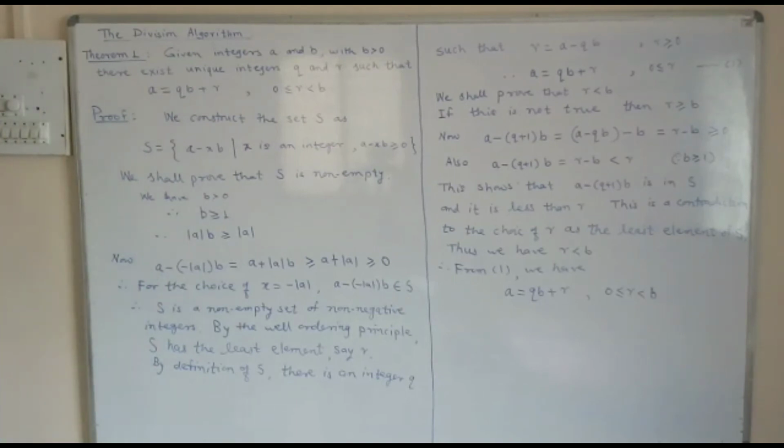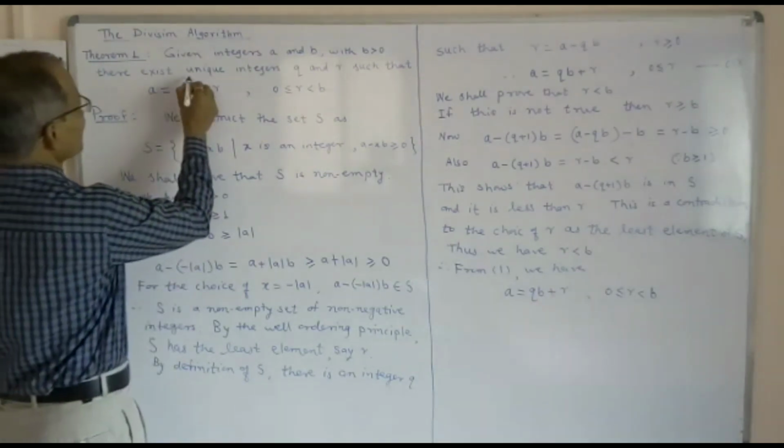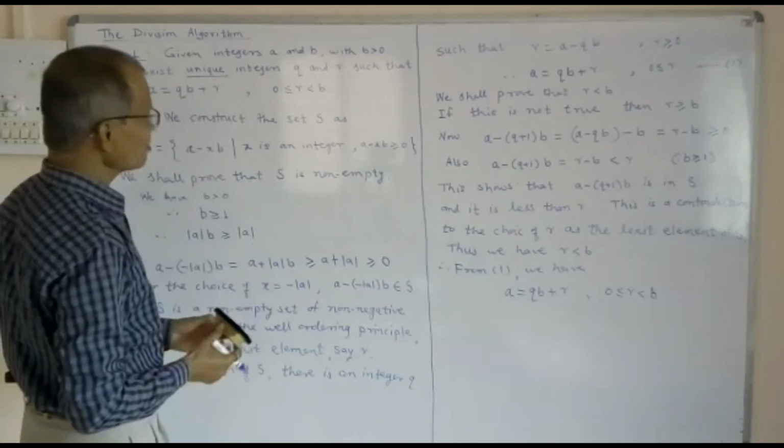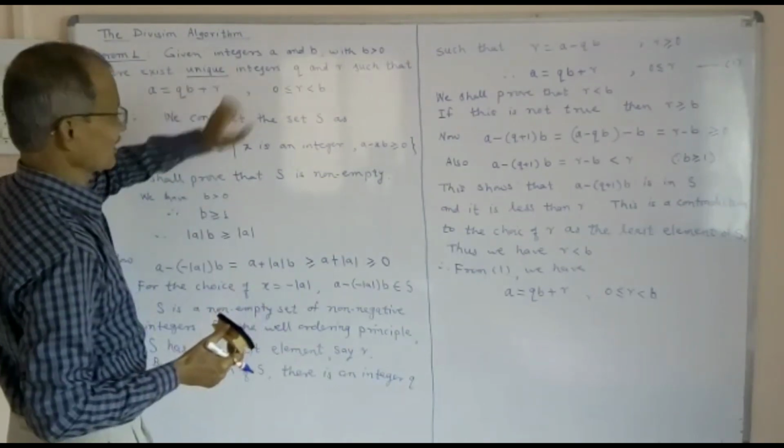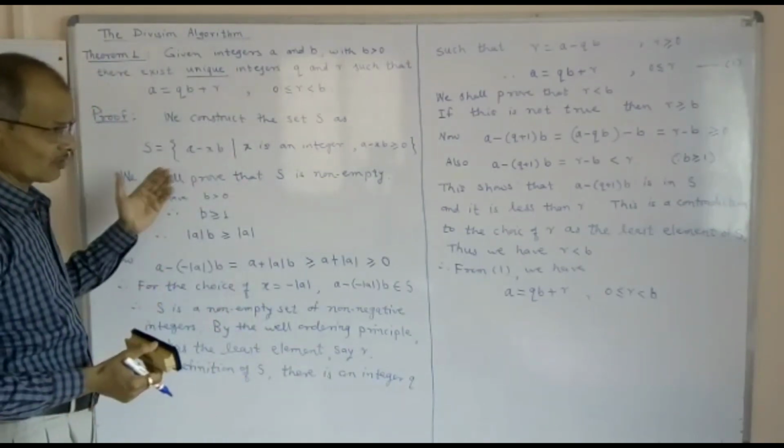Now what is remaining to prove is the uniqueness. In the theorem we have stated the integers are unique. That means Q and R here are unique. There is no other pair than only 1.